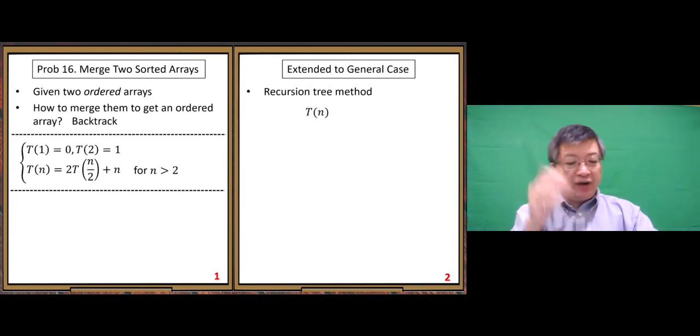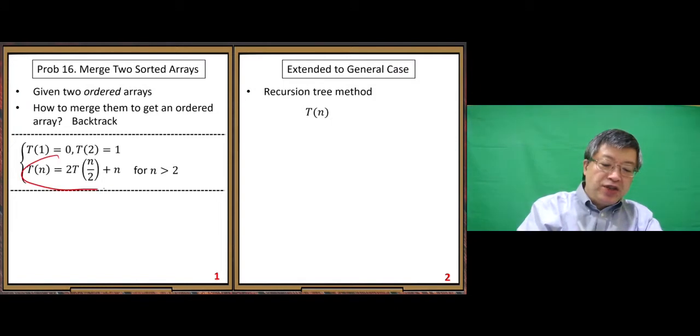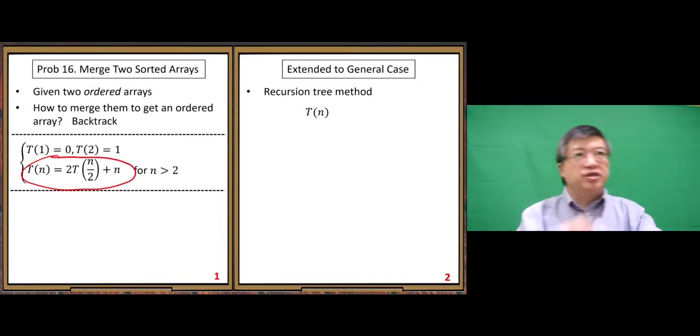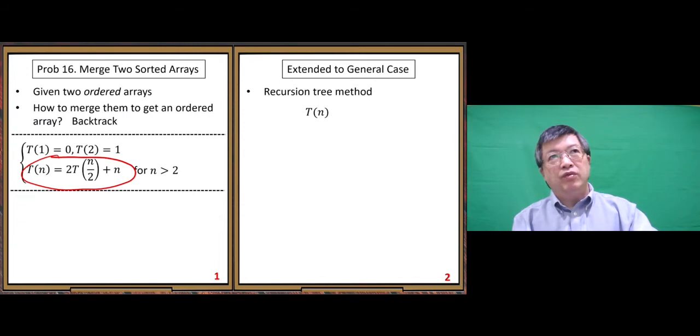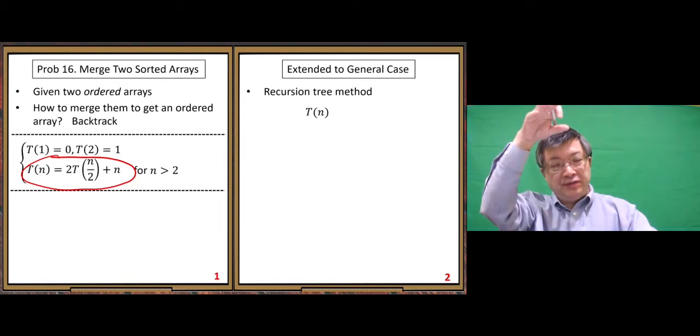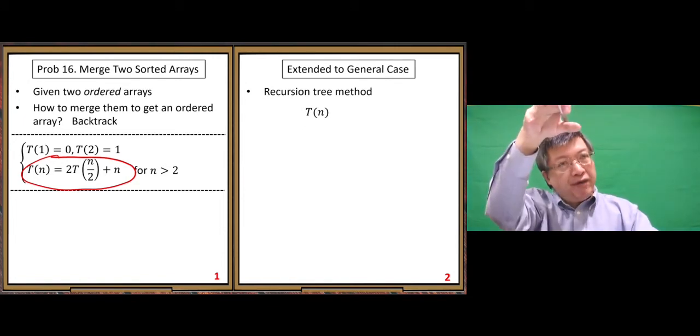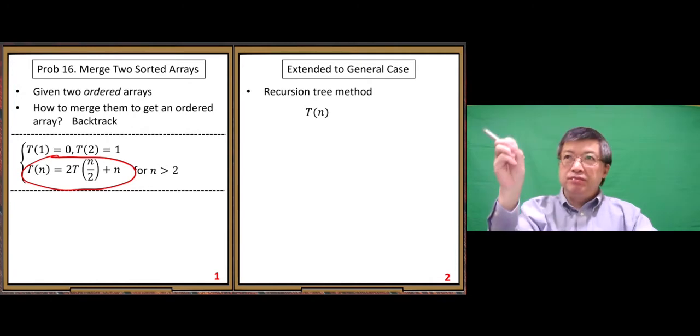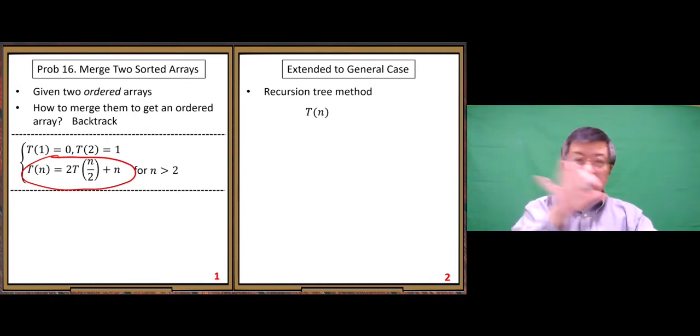When we start, using this recurrence equation, we can draw that tree. The original function we put at the root. In order to solve this problem, we need to solve two smaller subproblems.